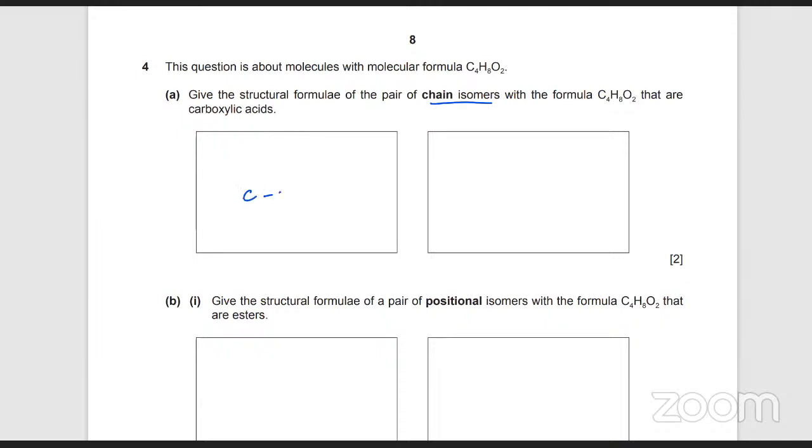So one of them could be, the 4 carbon atoms could be in a straight line and it's a carboxylic acid. And then write the remaining H atoms, okay. So these are your H atoms. The other one would be that instead of 4, you'll have 3 carbon atoms and there's going to be 1 branch.